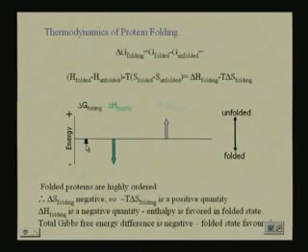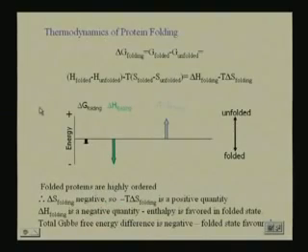What does this mean? It means that this is a favorable spontaneous process. So I am going to go from my unfolded form to the folded form in a spontaneous process. Why? The delta S is not going to make it spontaneous. It is the enthalpy that is going to make it spontaneous.